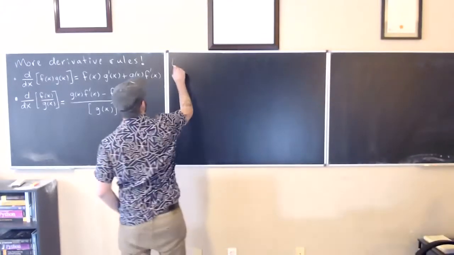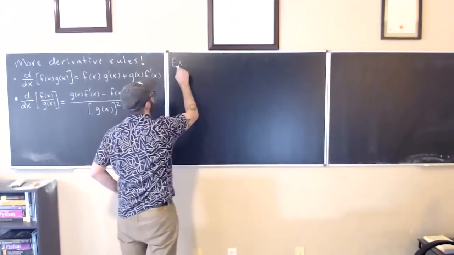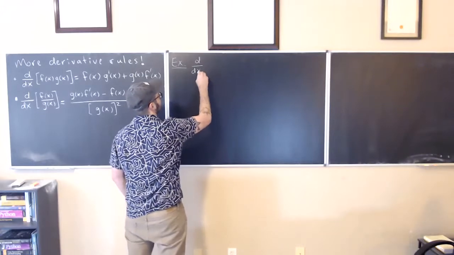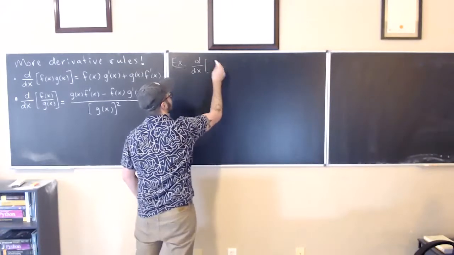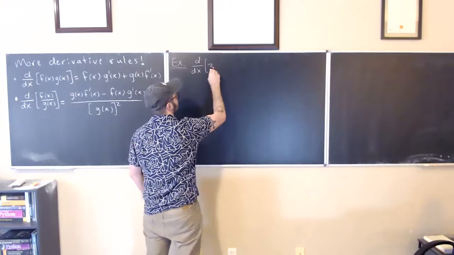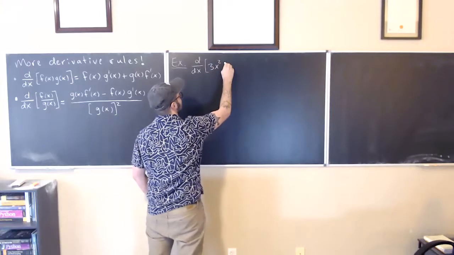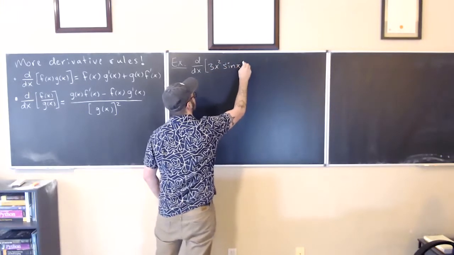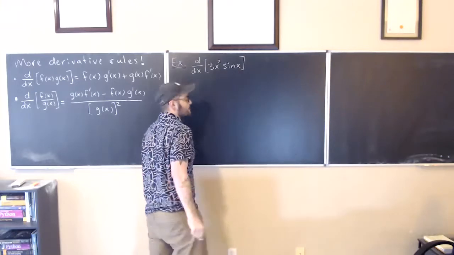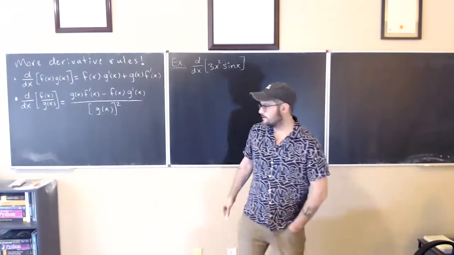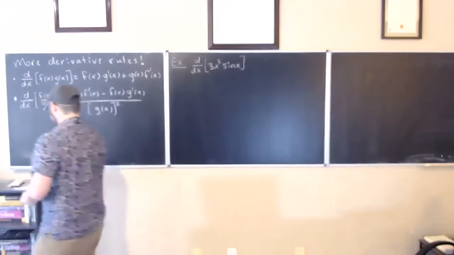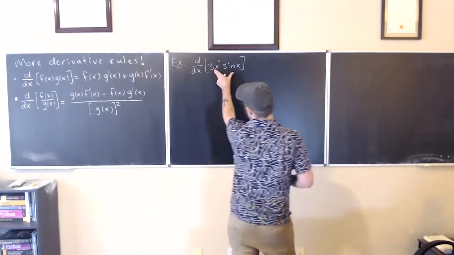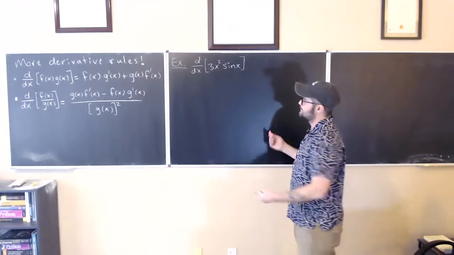So example, let's look at the derivative with respect to x of the function 3x squared times sine of x. Okay, so here we can split this product into two functions.